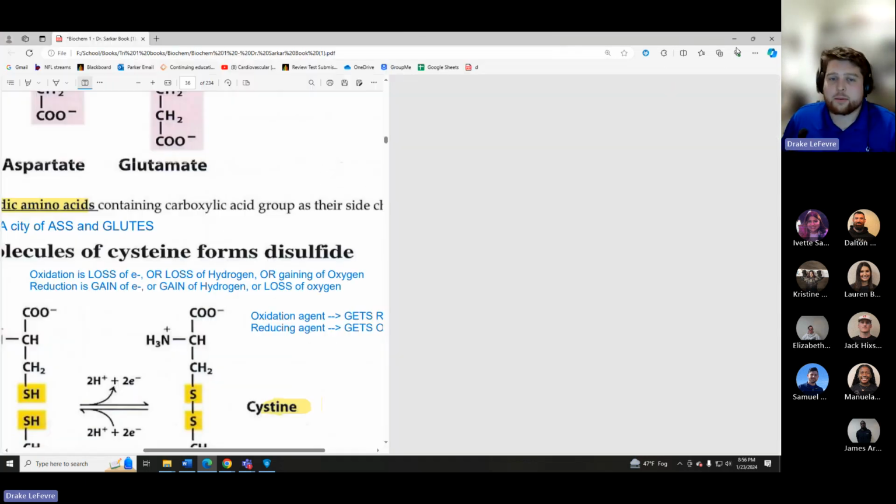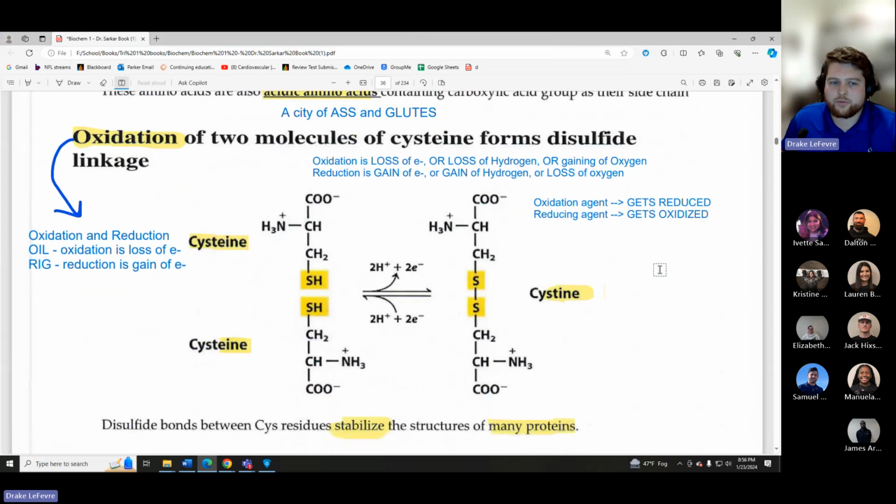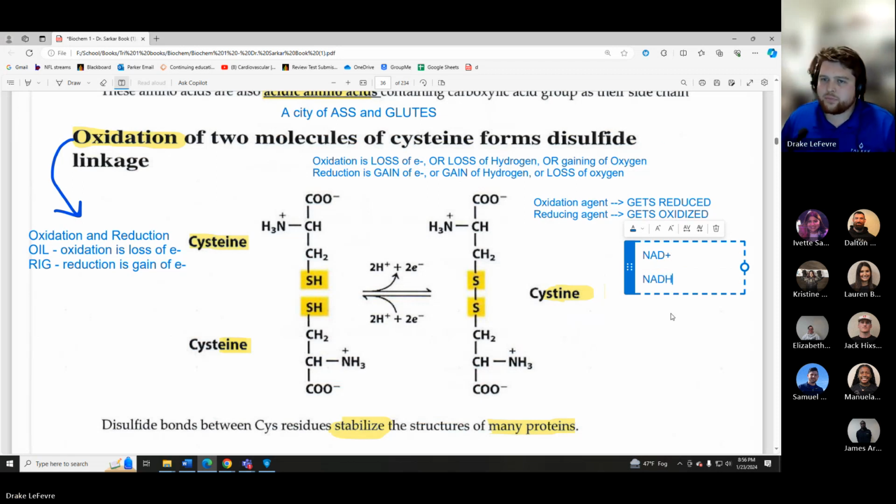The perfect example and the most common kind of structure, like things that he'll ask you about, we have something called NAD plus and NADH. Hopefully from previous courses, you've heard of both of these before. These are chemical structures.